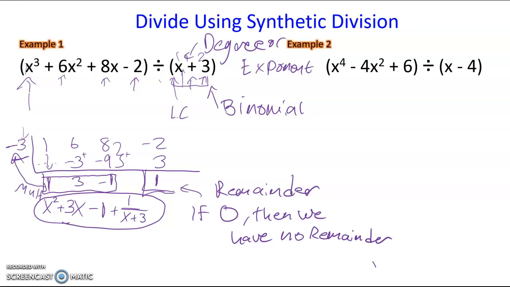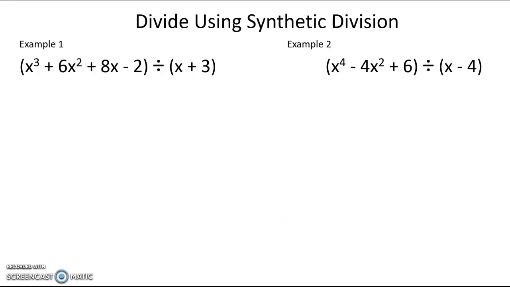All right, I'm going to pause the video, erase this, and then we're going to work out this second example here. So if you want to pause, write anything else down, just please do that. All righty, so we're going to do example 2 here. So we've got x to the 4th minus 4x squared plus 6, all right? So we'll set up our division bracket here. The number that goes outside is this number here, opposite sign.